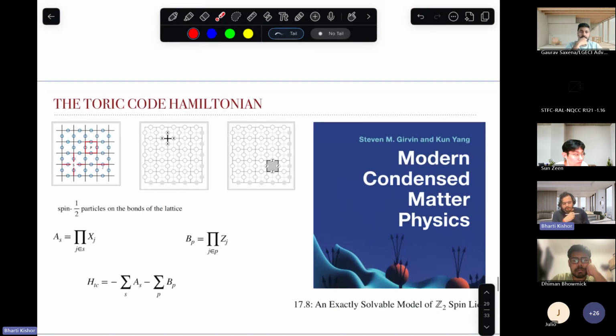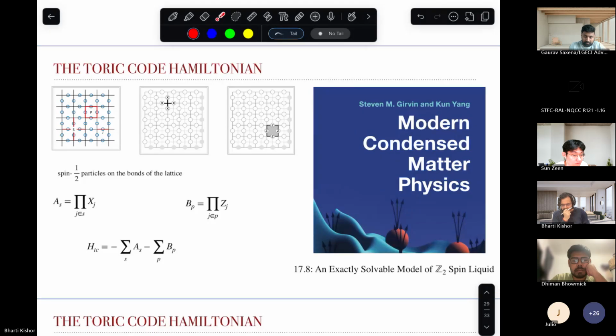Now let's talk about the Toric code Hamiltonian. Friends who are from condensed matter might have seen this book by Girvin and Yang. In 17.8, they talk about the Toric code Hamiltonian as an exactly solvable model of a Z2 spin liquid. So it has some rich physics.